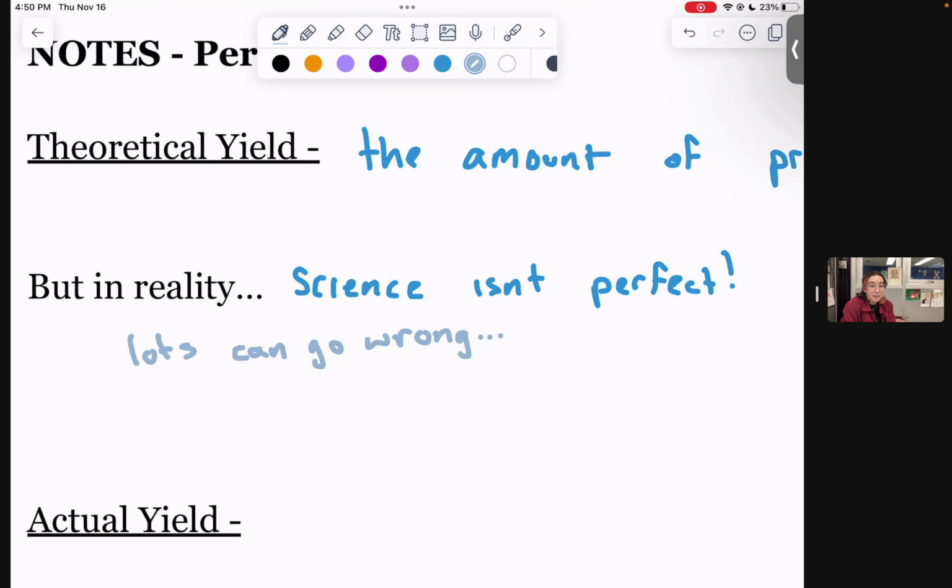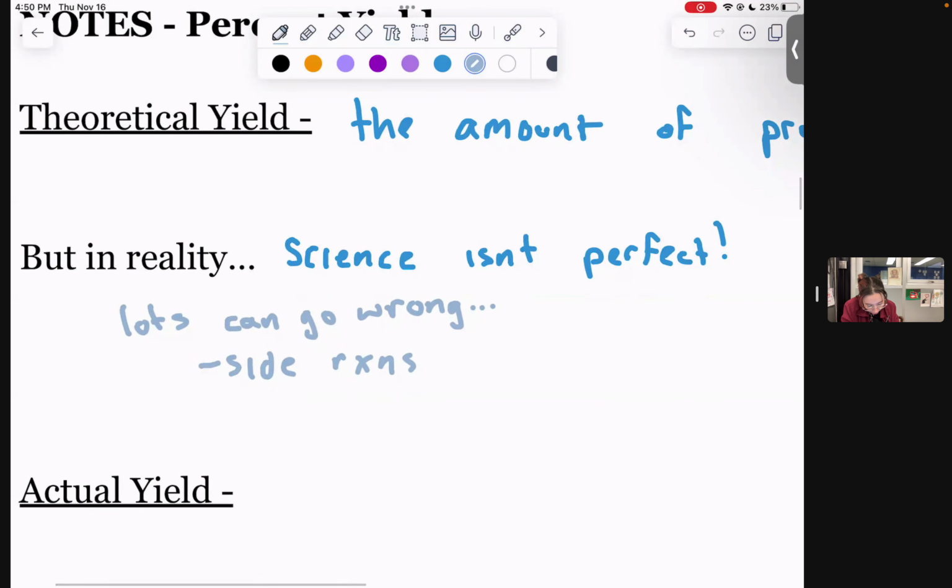So there's things like side reactions. We'll never talk about that in this class, but what if the stuff you're making then reacts with something else, or there's actually multiple steps within the reaction that we don't actually see? There could be stuff going on that makes it so we don't actually get all of our product. We could have imperfect conditions.